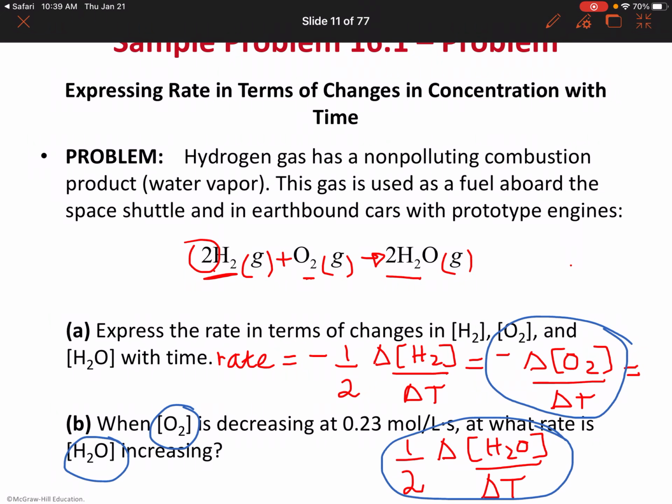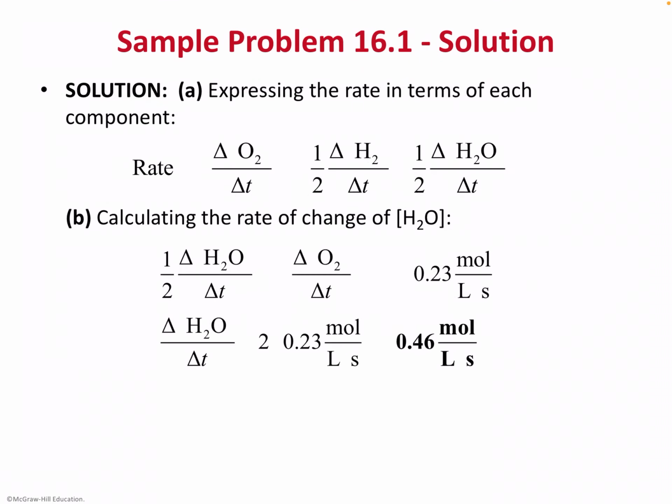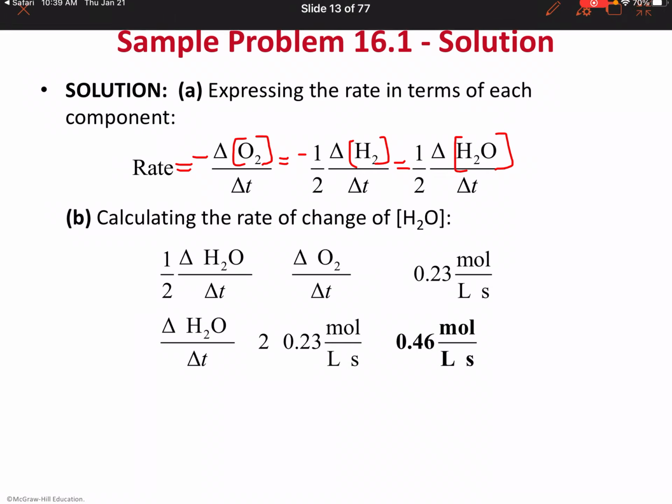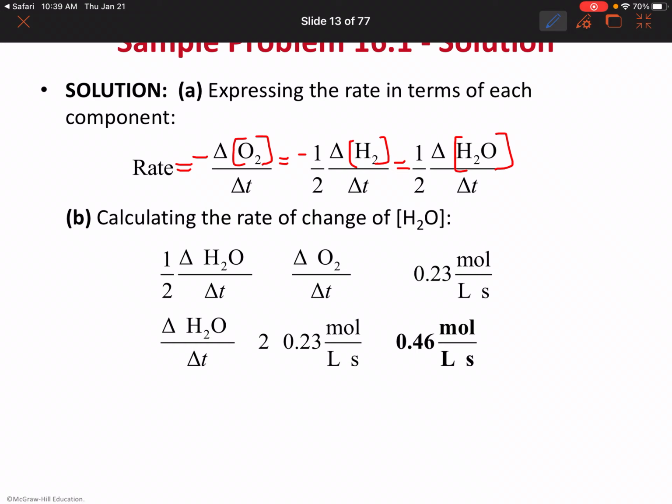Okay, so let's see how we're going to do that. Calculate the rate of change of water is what we are going to do now. Now we use these two, oxygen and water, and we put them together side by side.